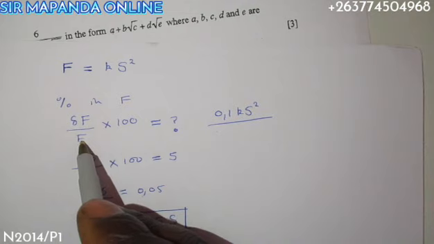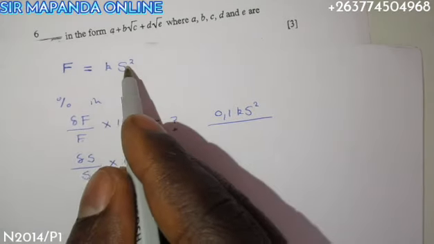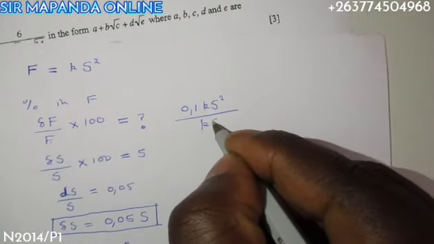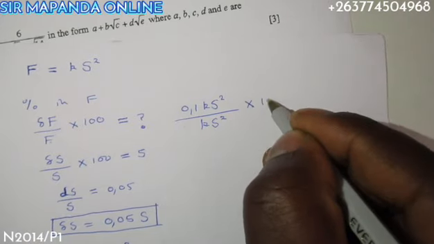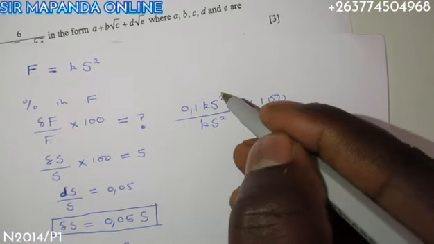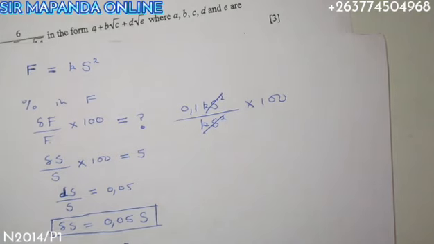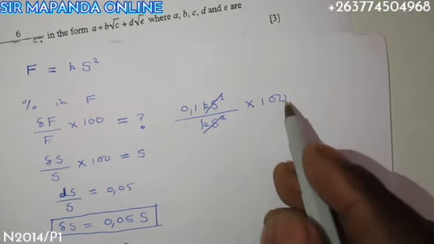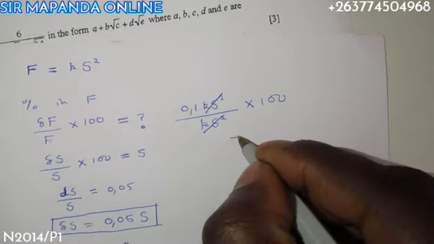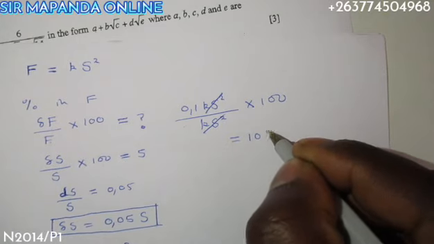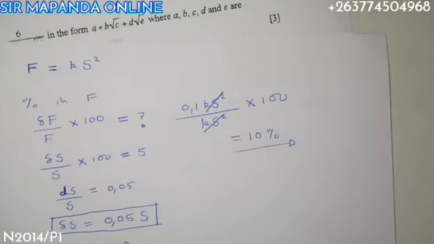Then you divide it with f, where f is equals to k s squared. So I'm going to divide by k s squared. Then you multiply by 100. So k s squared and k s squared cancel off each other. So it's 0,1 times 100. You get 10%. So 10% is your final result. I hope you are following class.